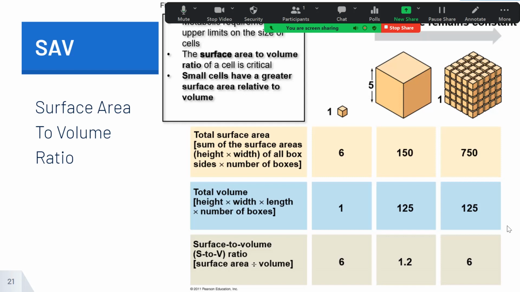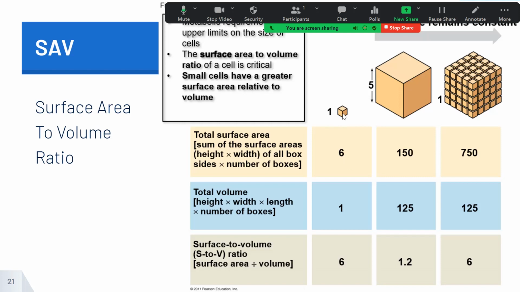So if you look at this diagram here, this little cube has a surface area. If you take the surface area of it, you've got a surface area of 6.